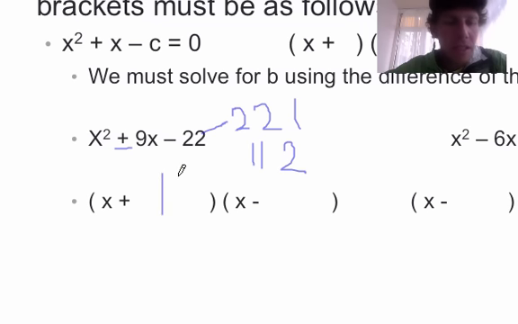So 11 times -2 of course equals -22, and then 11x minus 2x is going to give us this inner term of a +9x. So because this is positive, this sign is going to go down here in the first bracket with the larger term.